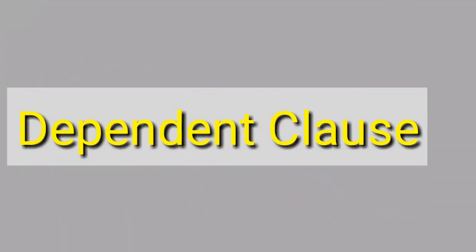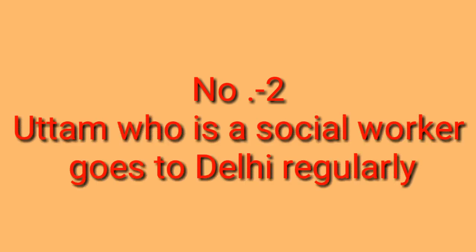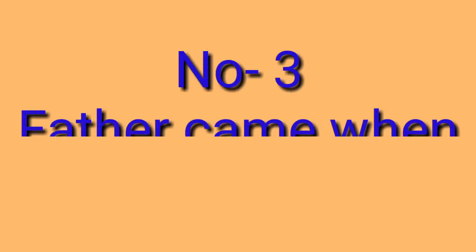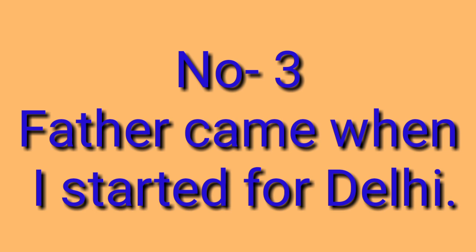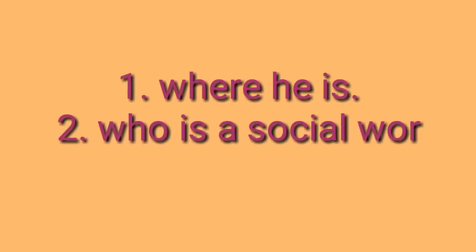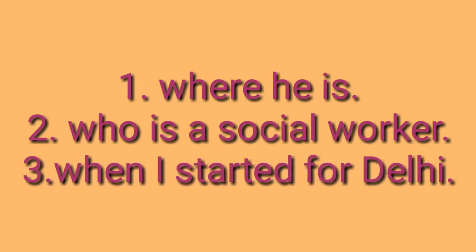For example, number 1, I know where he is. Number 2, Uttam, who is a social worker, goes to Delhi regularly. Number 3, Father came when I started for Delhi. Here, in the first sentence, it is said, where he is.